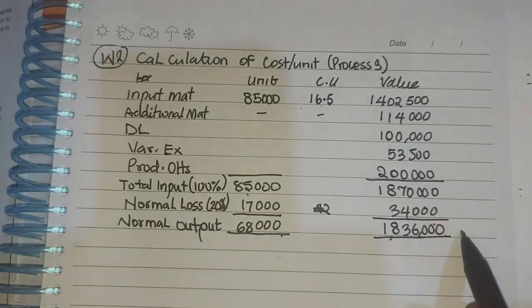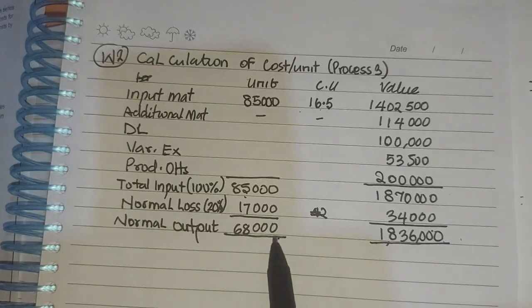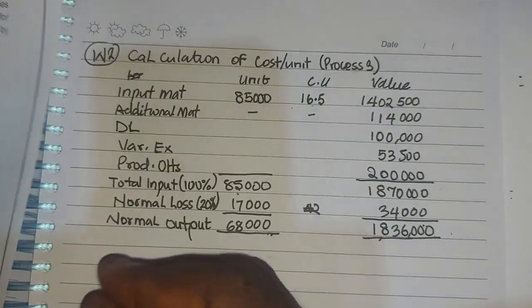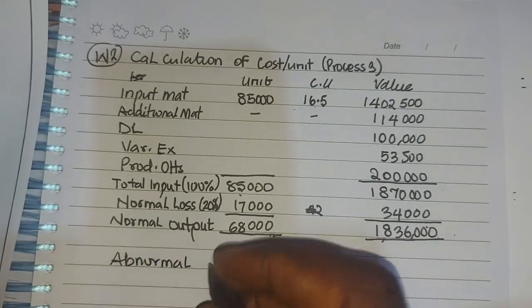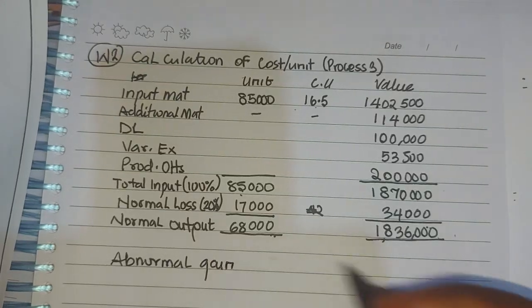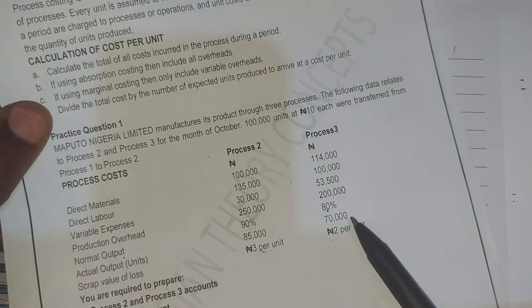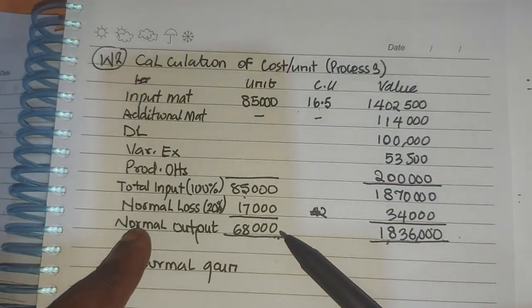So the normal loss has been used to reduce the total cost. That's the law. Now, I told you this is the normal output. Now, what is the actual output? The actual output is now 70,000. So in that case, we are going to have what we call abnormal gain. Abnormal gain is when the actual output is now more than what we are expecting.